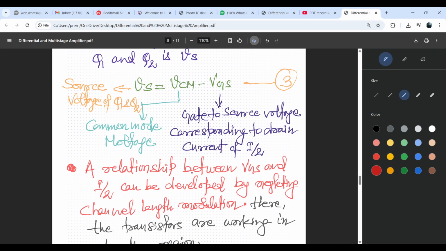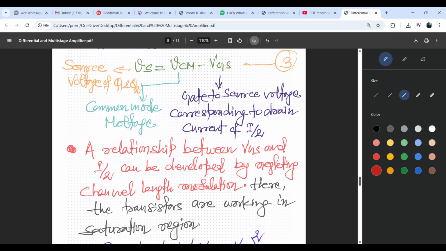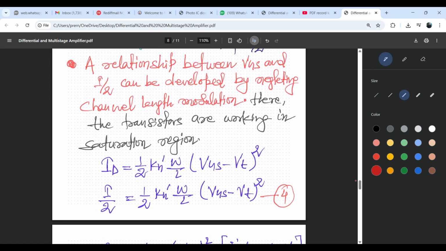Now, a relationship between VGS and I by 2 can be developed by neglecting channel length modulation. Hence, we write the drain current equation in the saturation region: ID equals 1 by 2 Kn dash W by L (VGS minus VT) whole square. So ID is simply I by 2, equal to 1 by 2 Kn dash W by L (VGS minus VT) whole square.